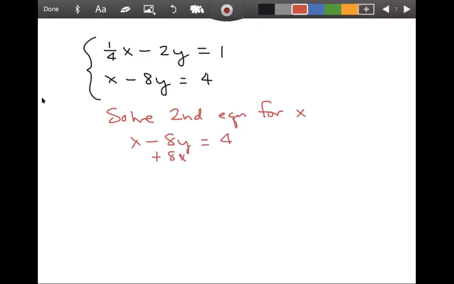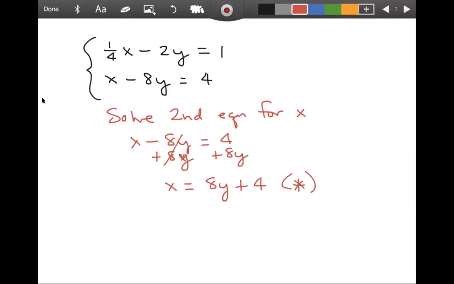And that gives me x equals 8y plus 4, which becomes equation star. Since that came from the second equation, we will substitute it into the first equation. And I think I'll do that on the next page.